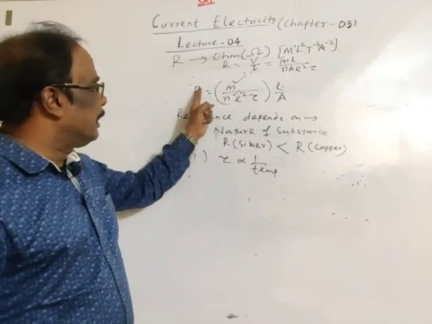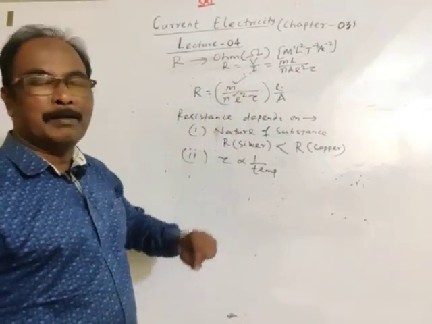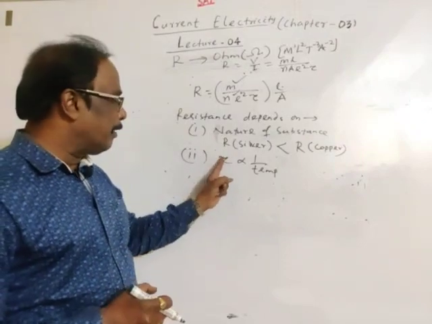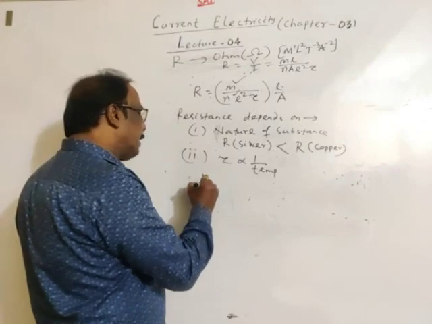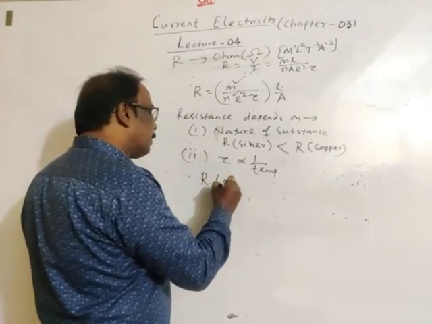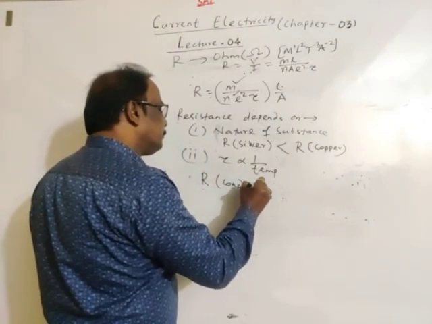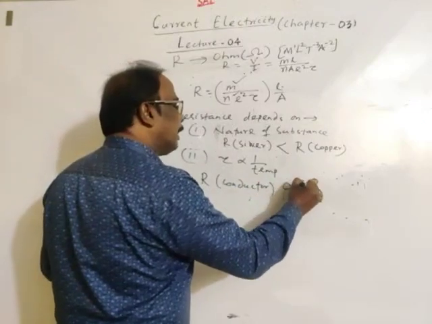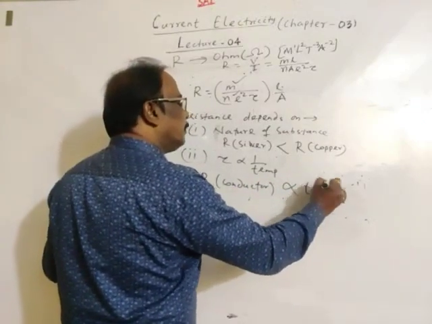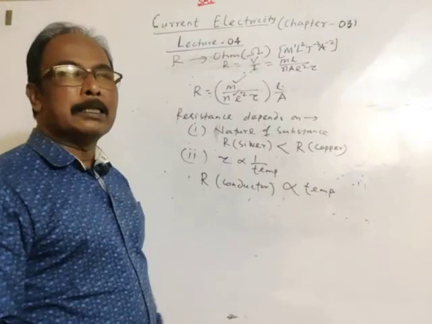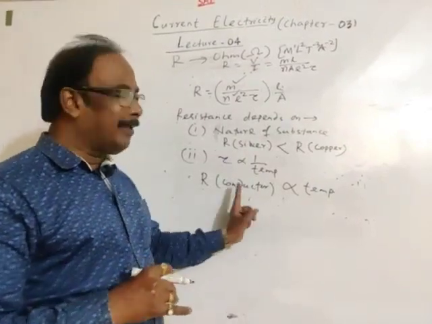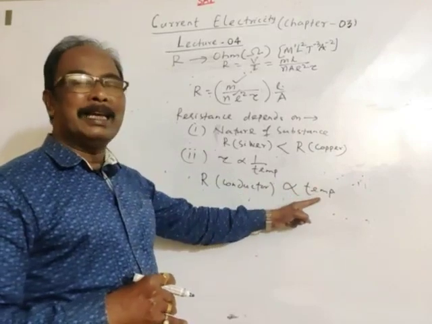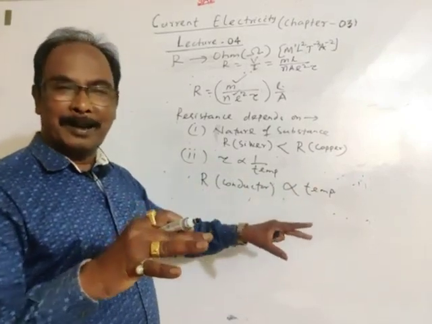Here you see resistance is inversely proportional to relaxation time, which is inversely proportional to temperature. So you may write that the resistance of a conductor is directly proportional to temperature. We'll discuss this under a separate heading. Means the resistance of a conductor increases with increase in temperature and vice versa.